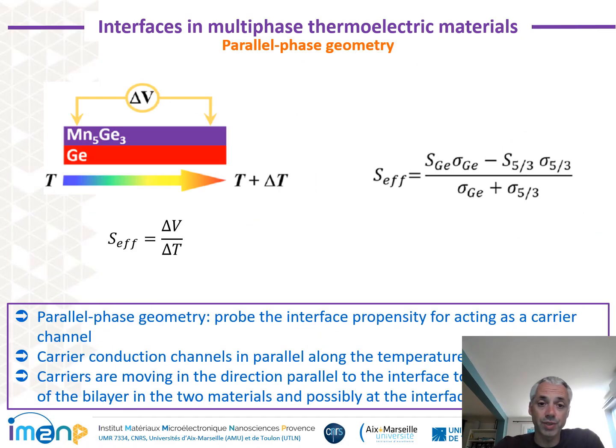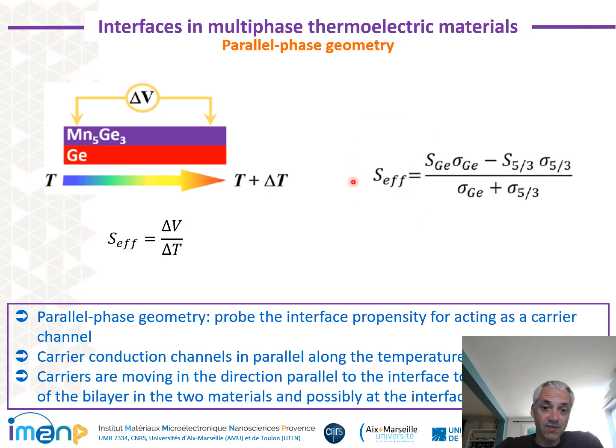So we will also consider two different geometries, the parallel phase geometry. In this case, the temperature gradient is parallel to the interface, so the carriers are moving parallel to the interface along the gradient of temperature toward the cold side.